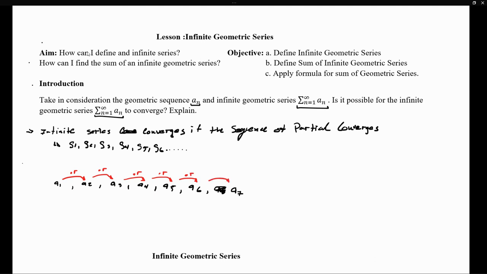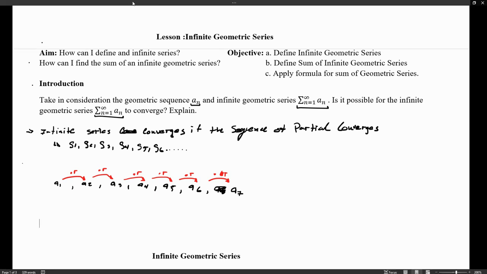So therefore, the only thing that really dictates the behavior of the geometric sequence is the value of r. So perhaps we have to take a look at the value of r. Is there any situation where the value of r will dictate if the sequence converges or diverges?